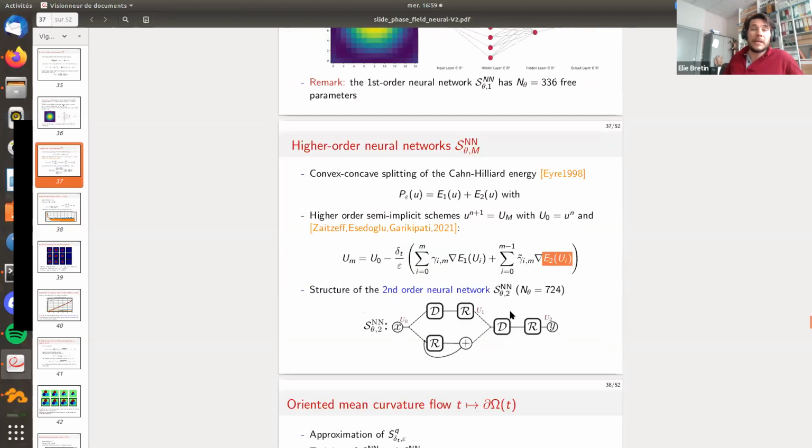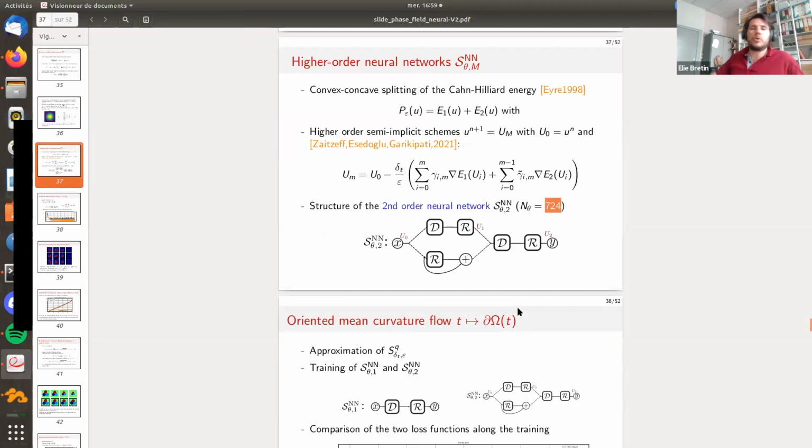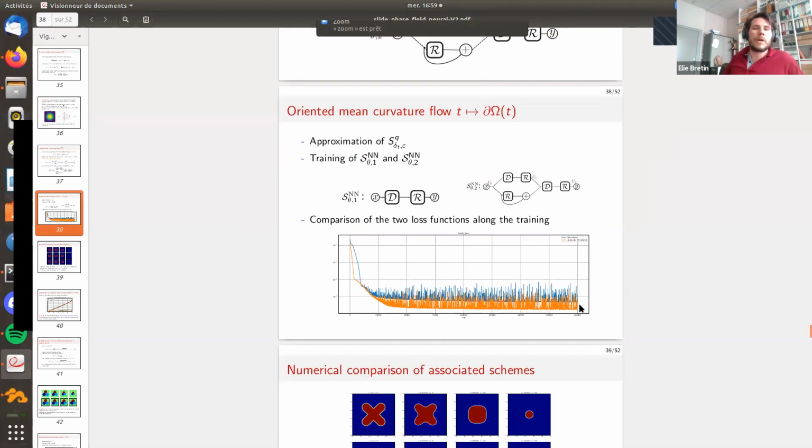But the problem is that with a complex structure of the neural network, we have a more important number of parameters to optimize, and so it's not clear, if you use a too large neural network, that you will succeed in optimizing the problem.